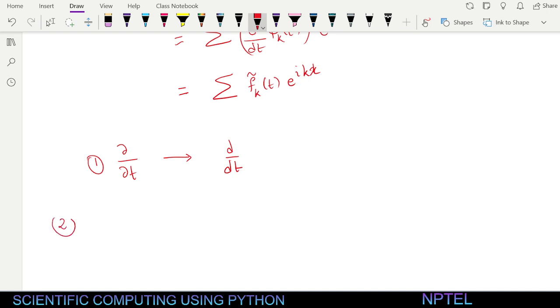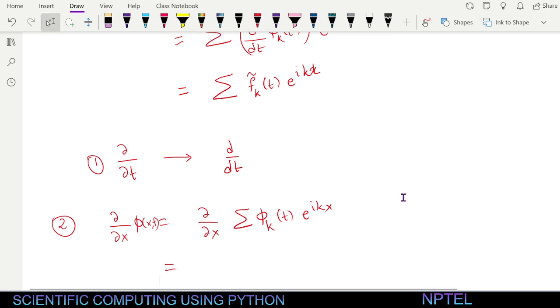Now second, if you have partial derivative with respect to x, we can expand phi in terms of, so let me just write x t, phi k t e to the power ikx, right?